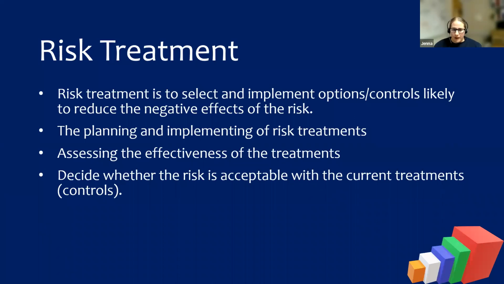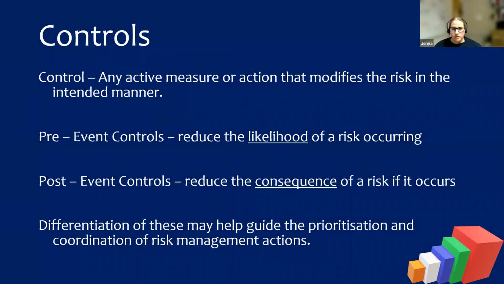So when we're thinking about controls, your controls are any active measure that modifies the risks in an intended manner. You can have two types of controls. You can have pre-event controls that are likely to reduce the likelihood of a risk occurring, so that's us being proactive about something. Or you can look at a post-event control, reducing the consequence of a risk if it does occur.